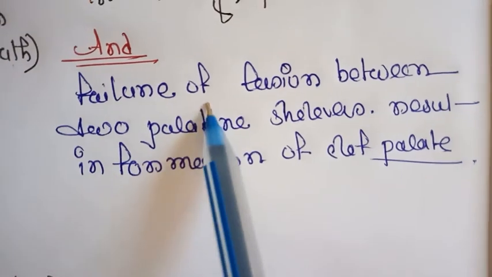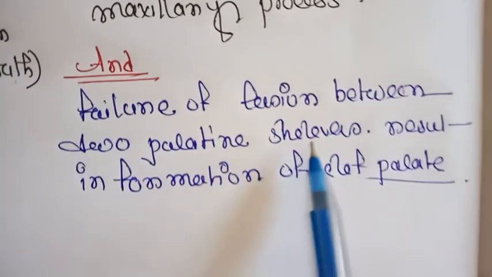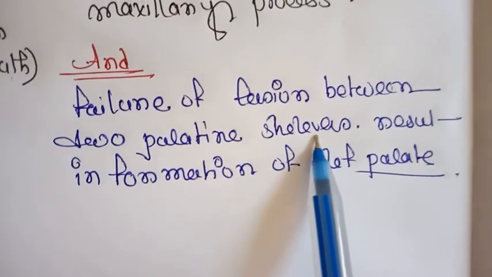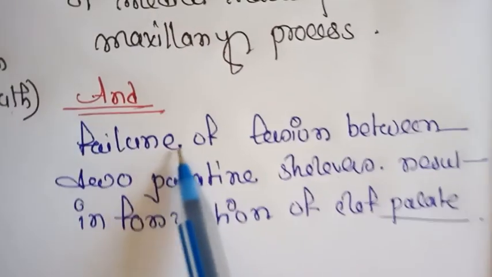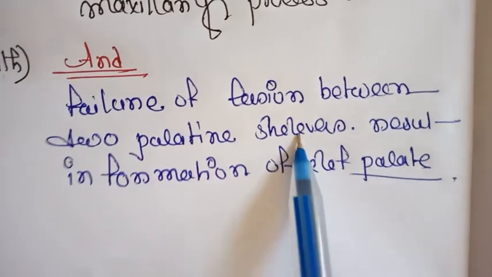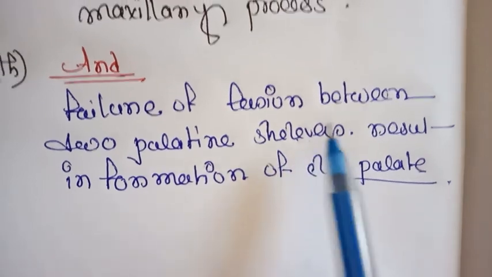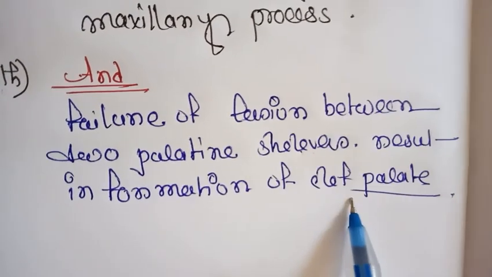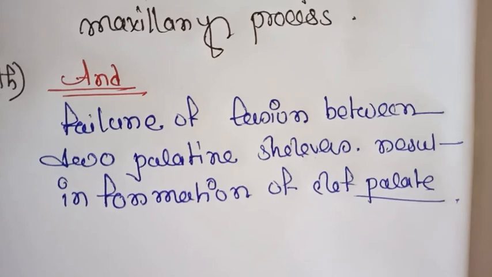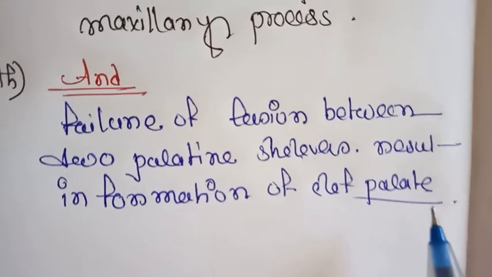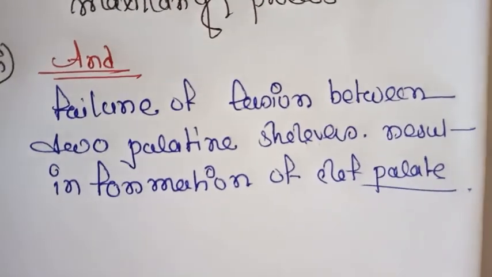And cleft palate results from failure of fusion between the two palatine shelves, that is, the primary palate and secondary palate. Failure of fusion means the primary palate is not extended to the maxillary process and the secondary palate is not formed. As a result, a cleft palate forms.